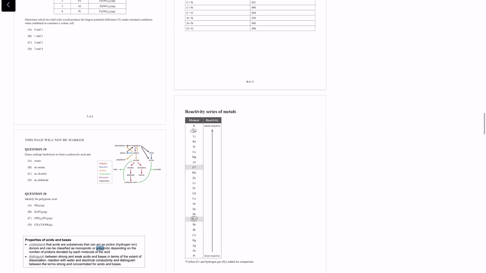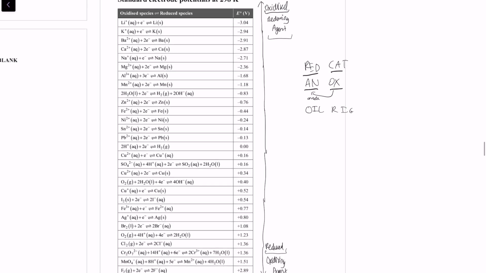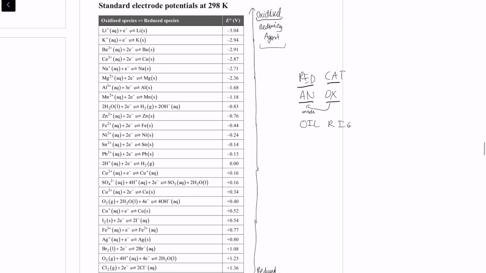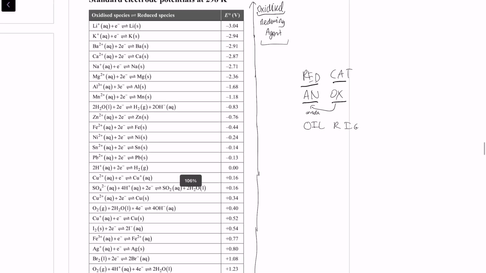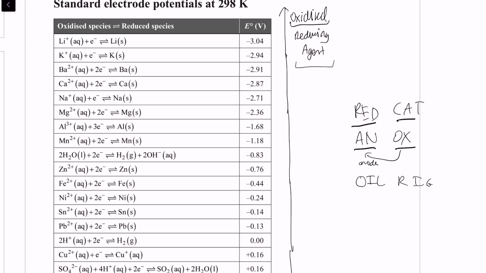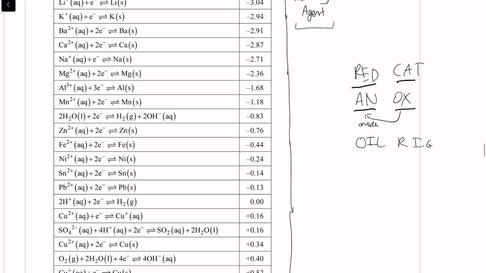If you look at page 10 with the standard electrode potentials and try to find a copper plus, where could that be relevant?